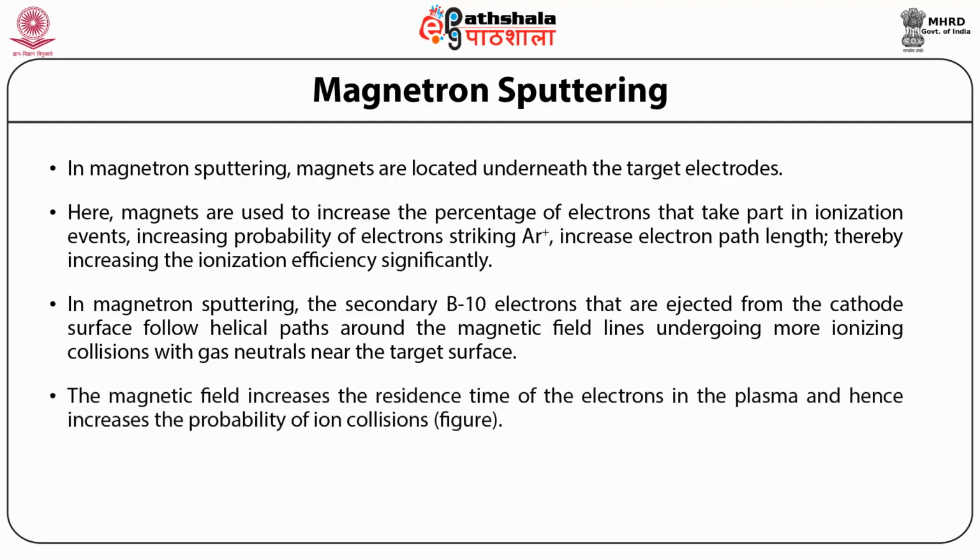The magnetic field increases the residence time of the electrons in the plasma and hence increases the probability of ion collisions. You can see this phenomenon occurring in the figure given on the previous slide.